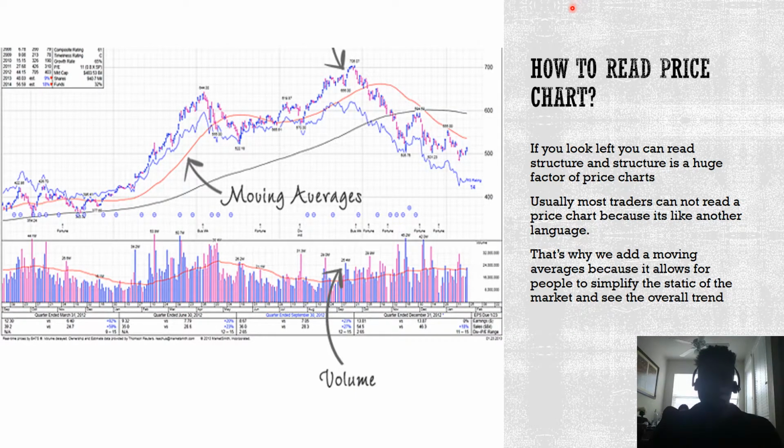And next, what else is there? Like I said, looking at a chart, it's basically essentially a language. And what I mean by that is, at first when you see this, it's a little bit scary, but over time, the more you actually look at the charts and you analyze the charts and you see where the market's going, then the more stronger you will be as a trader, the more confident you'll be as a trader.